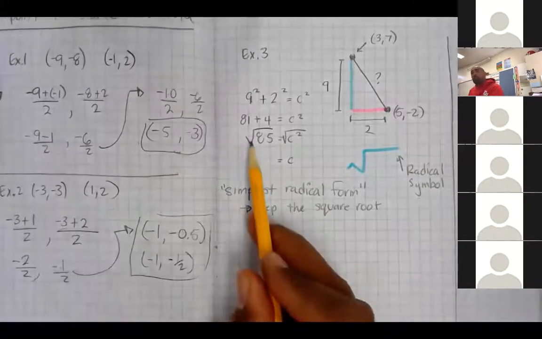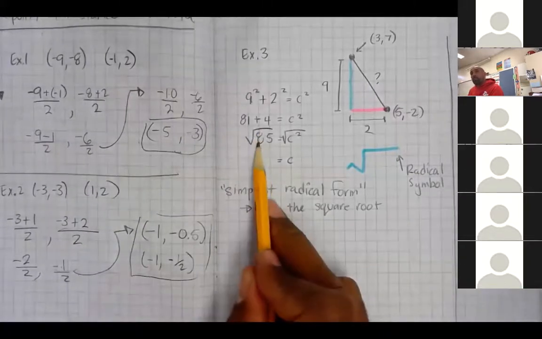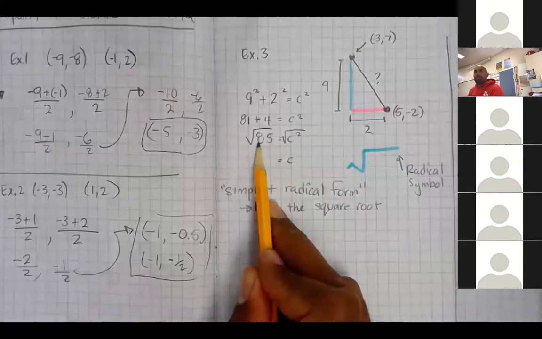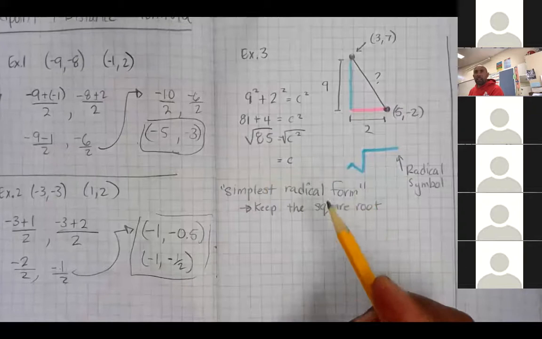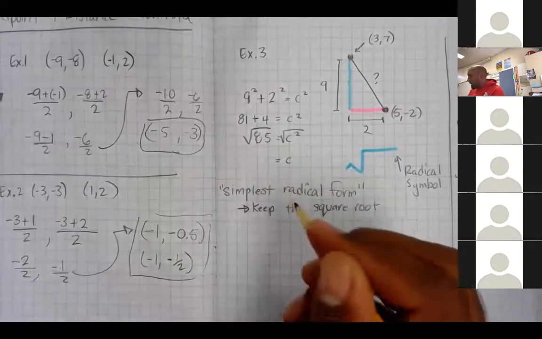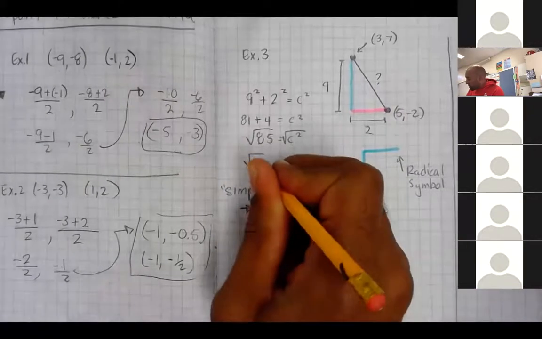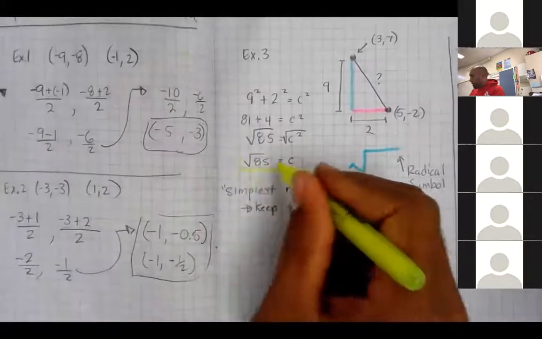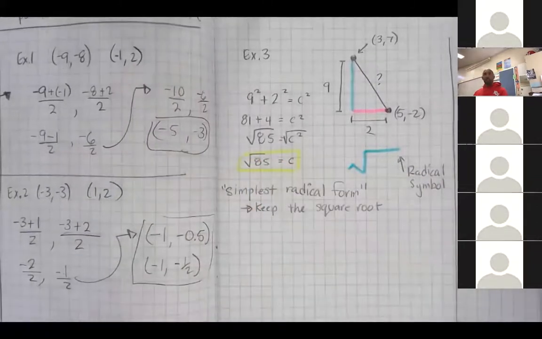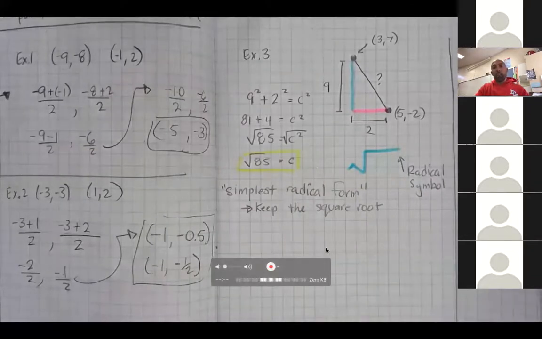Now if I plugged the square root of 85 into a calculator, I get some number like 9.219 yada yada yada. So my answer is literally just square root of 85, and I'm just going to keep it like that. Even in Deltamath, that's the answer I'm going to plug in.